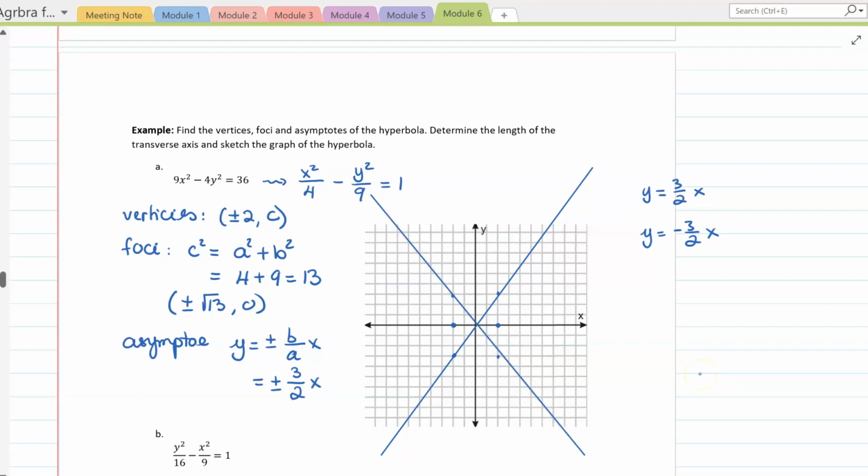The focus is root 13, so that is between 3 and 4. So these are the foci, F1, F2, okay, and this is the hyperbola.